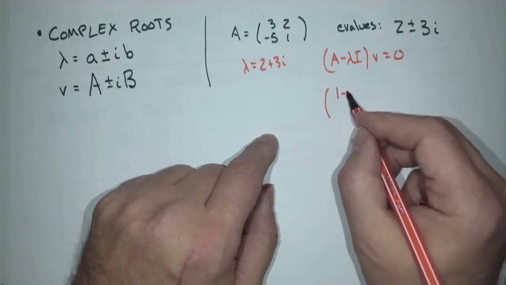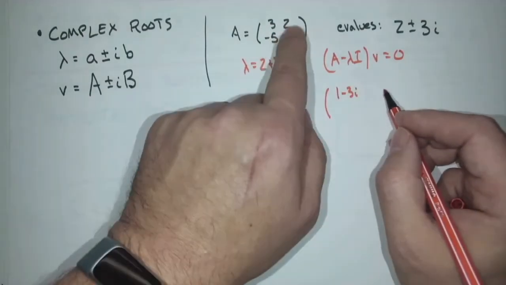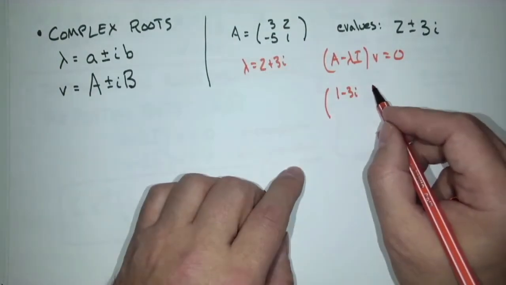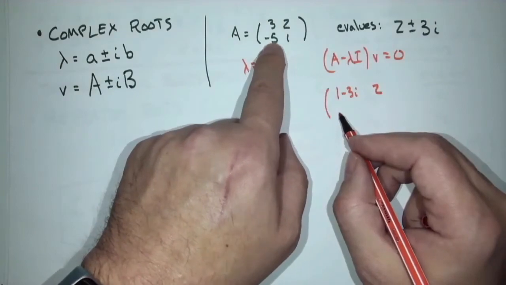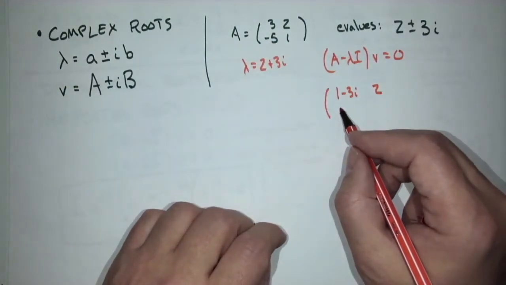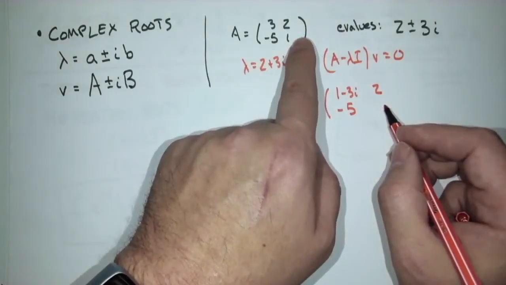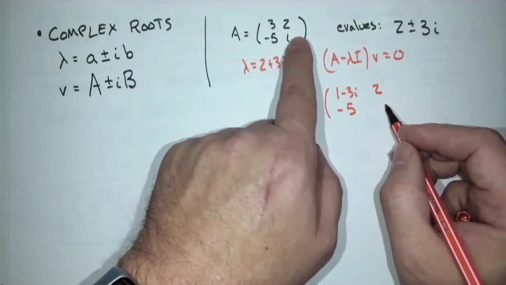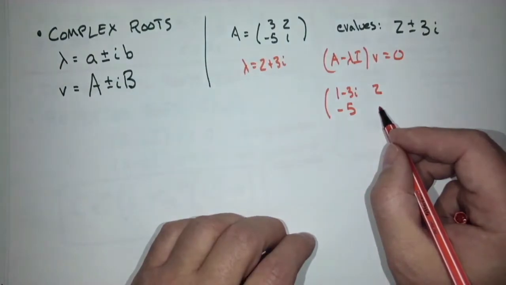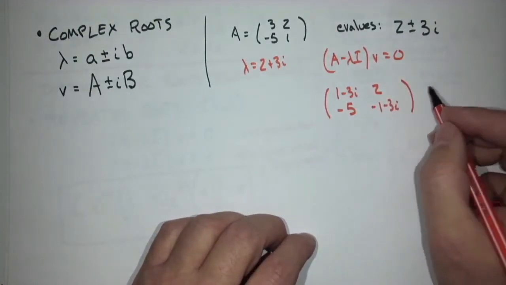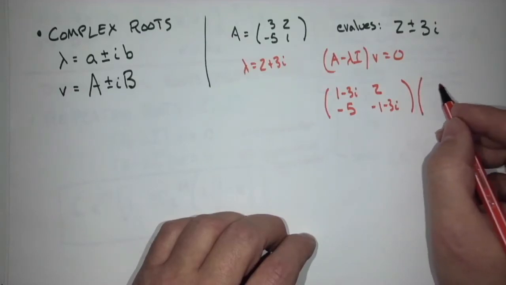Okay, 1 minus 3i. The next entry? 2. Okay, now we're into the lower left. Negative 5. Okay, the bottom right. Negative 1 minus 3i. And we're multiplying by some vector v.